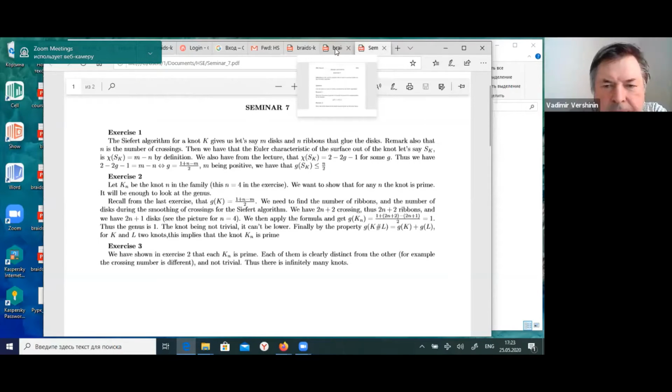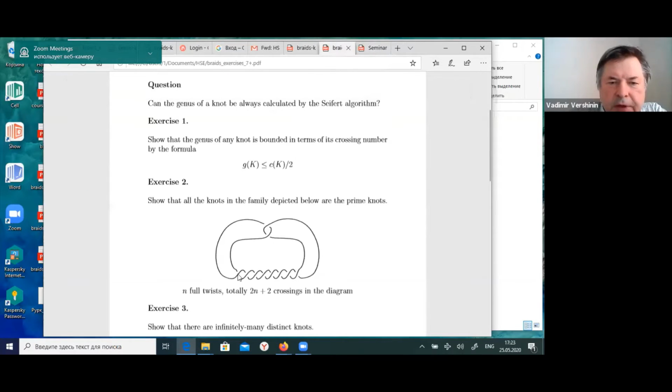Right. Because I myself was directly calculating the number of surfaces, disks and ribbons in the Seifert surface for this.